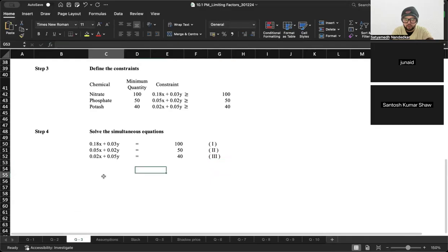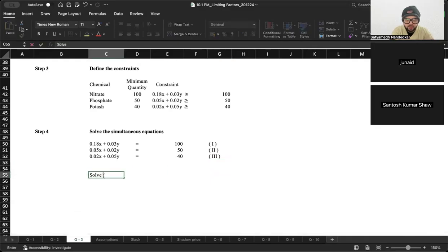Now what I want you to do is, I want you to solve 1 and 2. You will get some solution. Then solve 2 and 3.